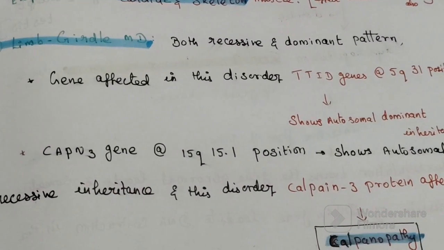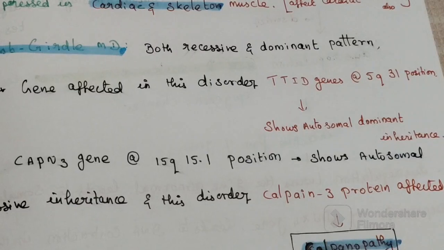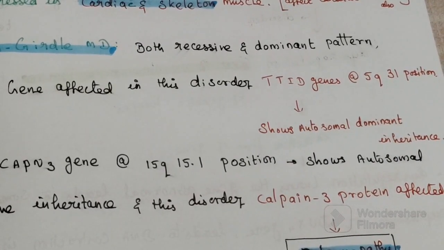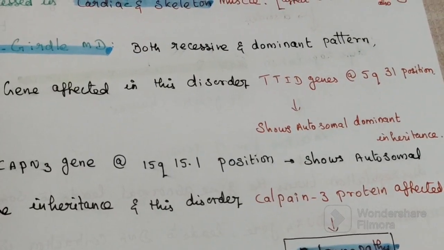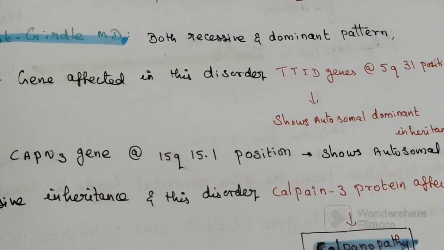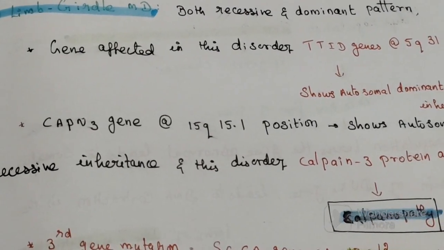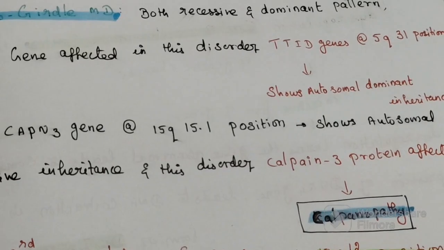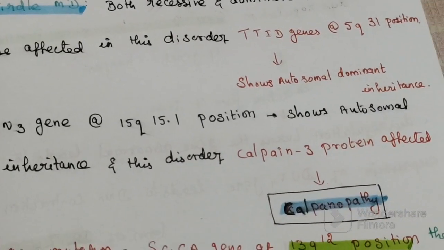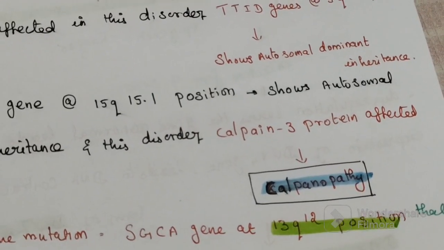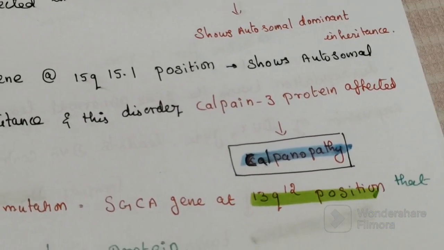So, limb-girdle muscular dystrophy is both recessive and dominant. The first gene affected is at 5q31 position. The second gene, calpain 3, at 15q15.1 position, so the disease it causes is called calpainopathy.